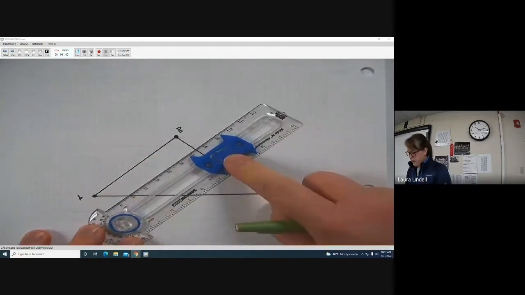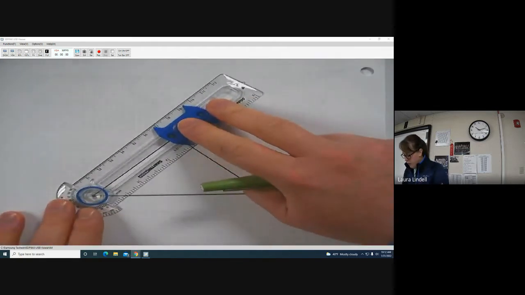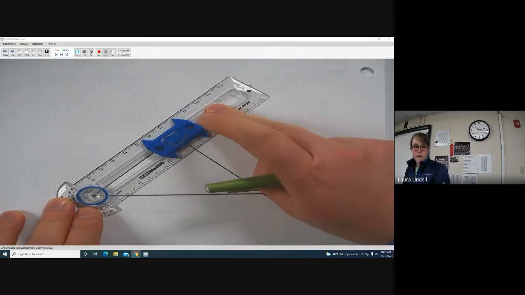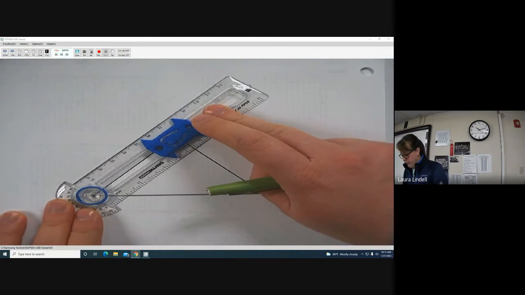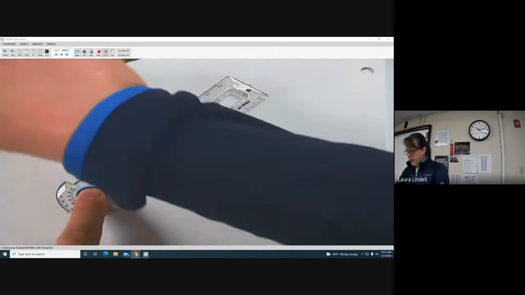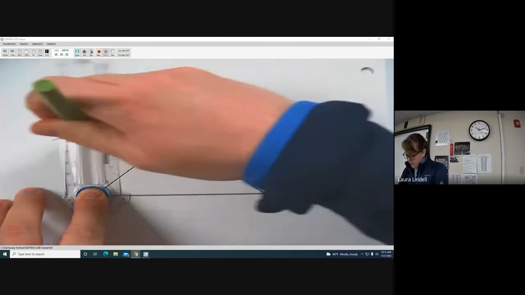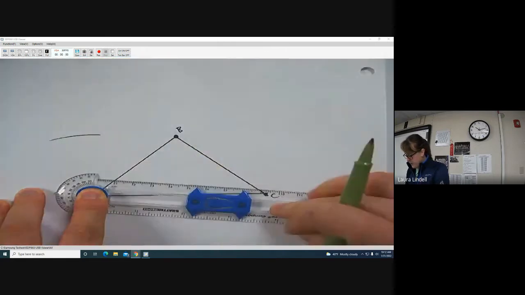The way that we did this was, if I'm going to make the perpendicular bisector of AB, we took our compass and put one end on A, and opened it so that it's more than halfway from A to B, but less than the whole thing. We save that setting, and I make an arc up here and an arc down here.